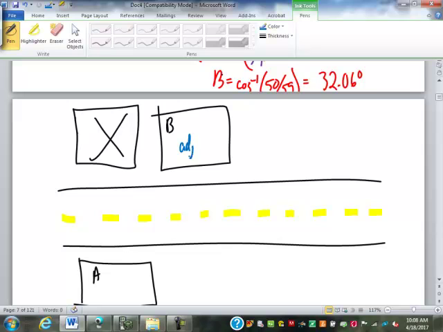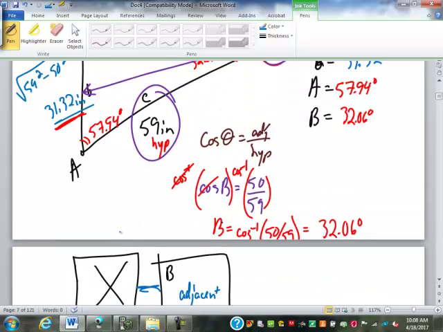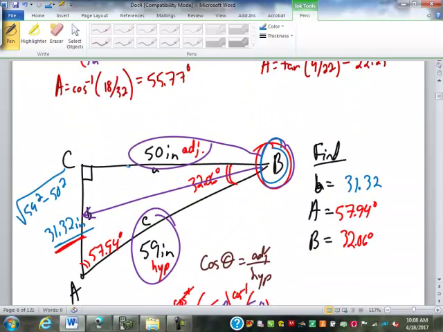B. Because it's next to it, right? Which building is opposite building X? Because it's across from it. These two buildings are next to each other, they touch each other. Same thing here. This angle and this side are next to each other, they touch each other. This side's across the triangle from B.